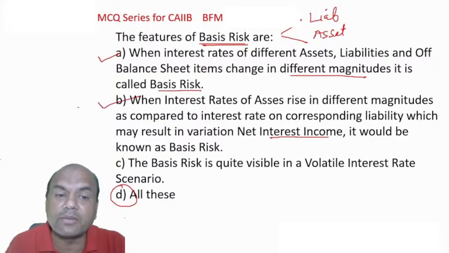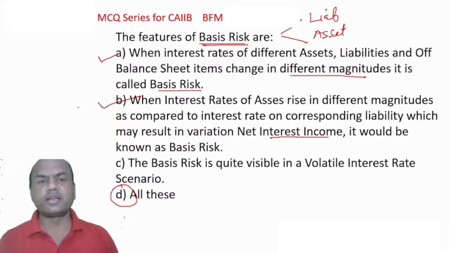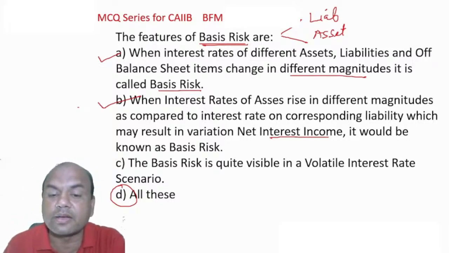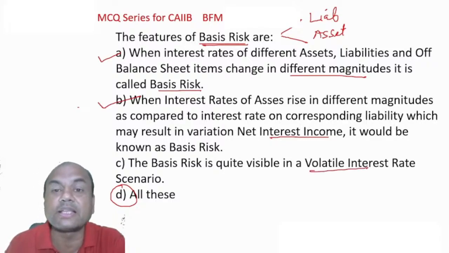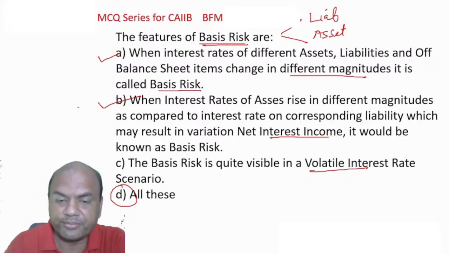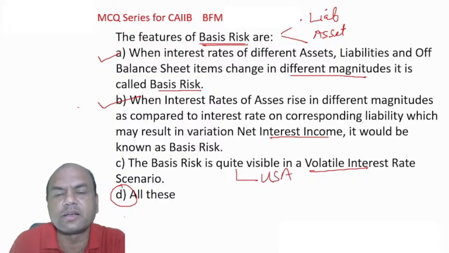Once you get A and B true, immediately you jump to D, because obviously C will be true. The basis risk is quite visible in volatile interest rate scenario. Volatile means very high changing interest rates. Right now in US, the same thing is happening. If you check USA, they are facing the same crisis now, volatile interest rates.